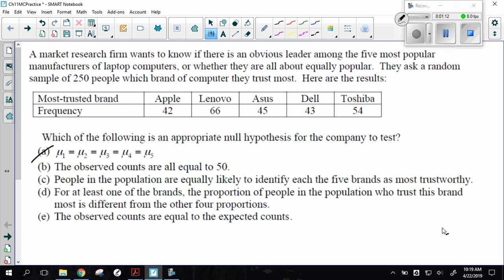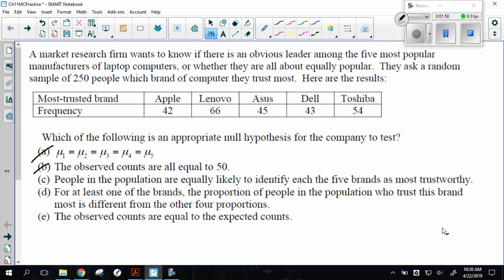Although the expected counts are going to be equal to 50, because if there are 250 people surveyed, if it's the case that people feel that each of the computers are as trustworthy as the others, then we should have them distributed completely evenly. So people in the population are equally likely to identify each of the 5 brands as most trustworthy.